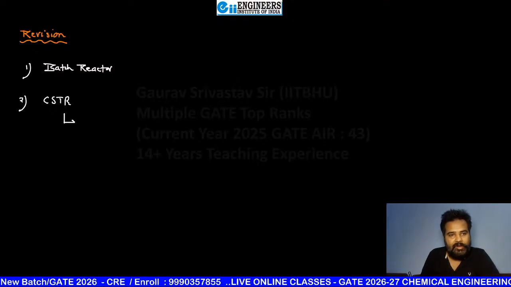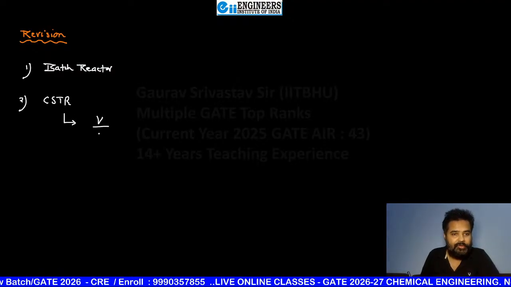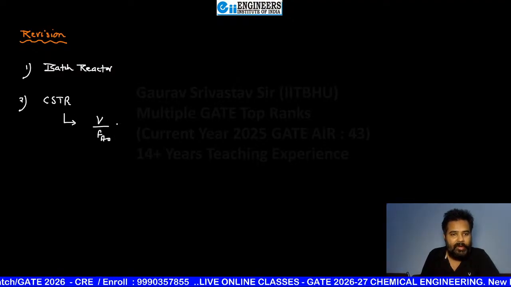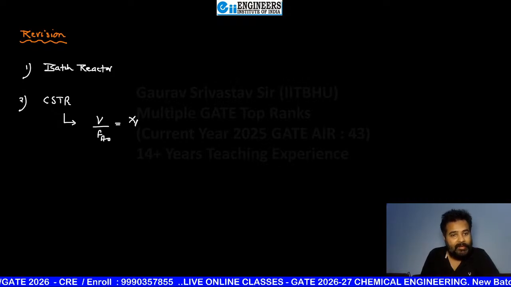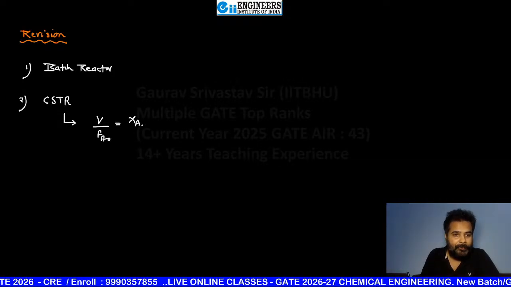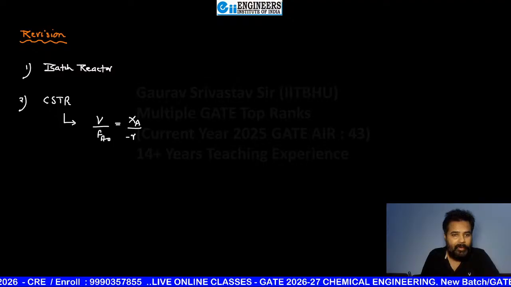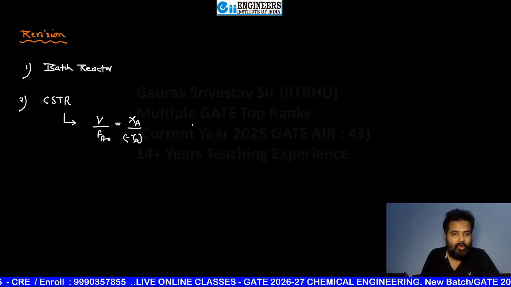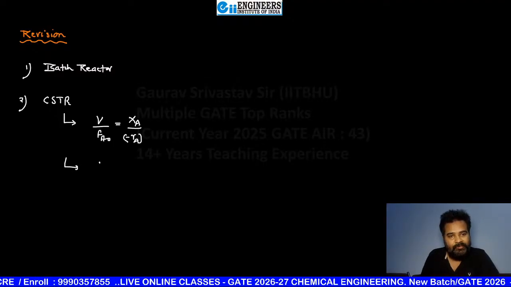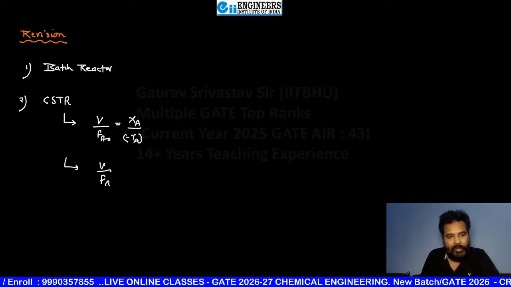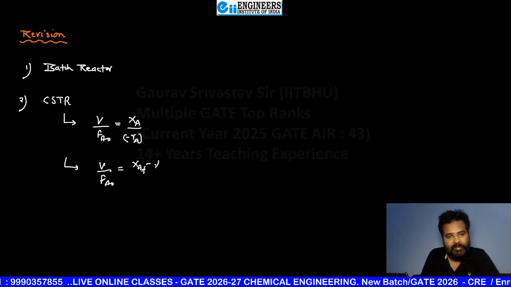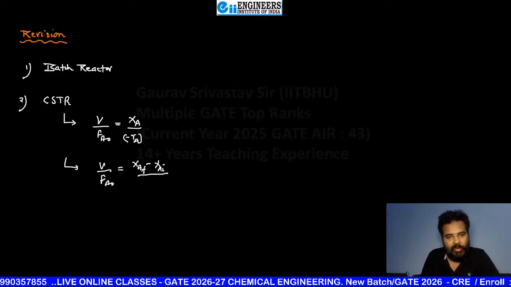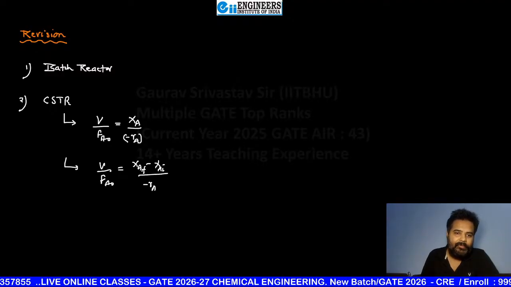For CSTR, the design equation that you had seen was V by FA naught equals XA upon minus RA, or you can also write it as V upon FA naught equals XA final minus XA initial for any given CSTR.